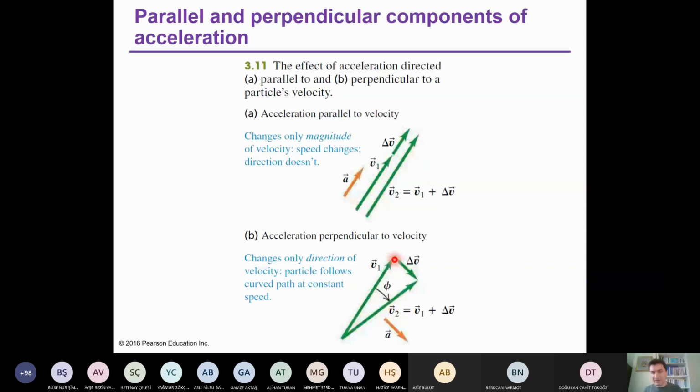So then we have delta v like this, and the acceleration is along delta v. It means that it is perpendicular to the path. So this is the difference between circular motion or motion along a curved path and motion along a straight line. Accelerations have different directions for these two different types of motion. Do you have any question?